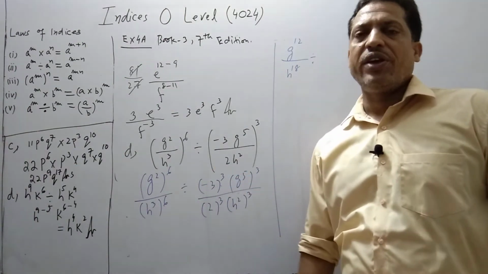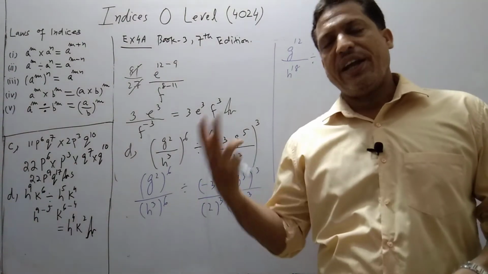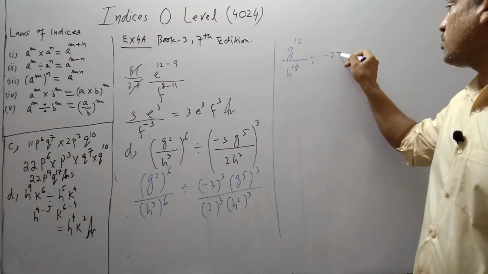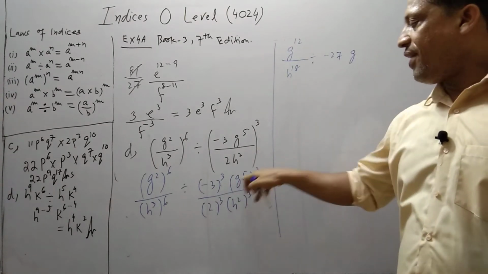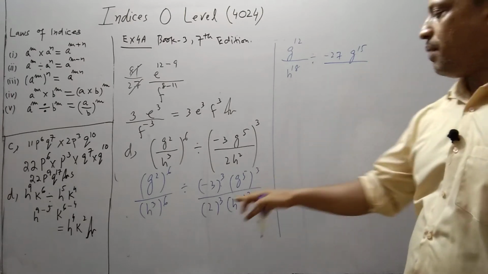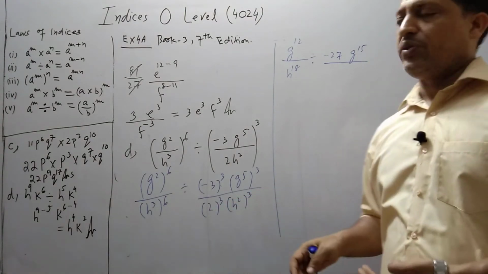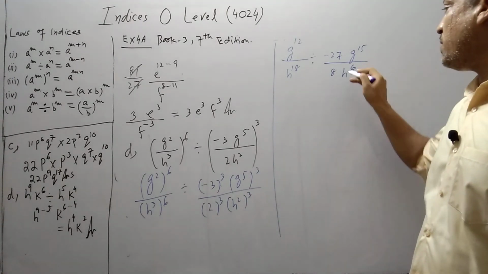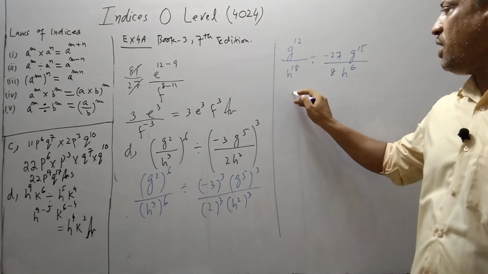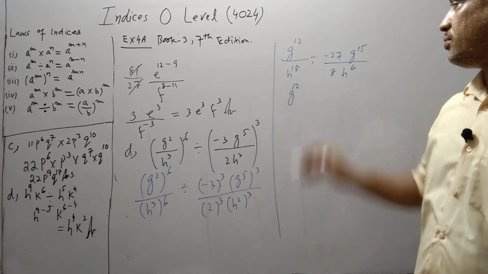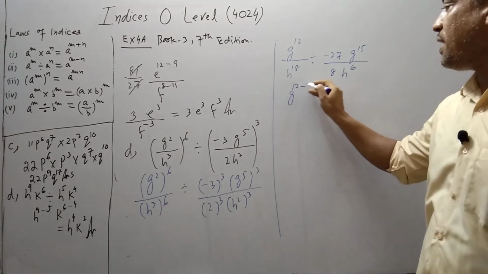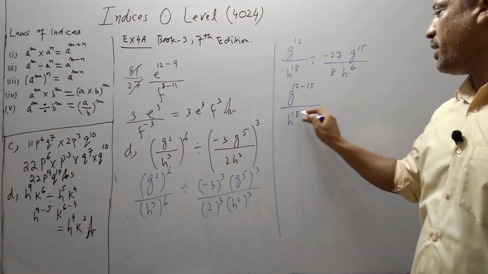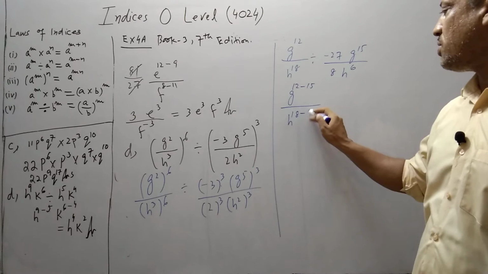You know, student, minus 3 cube is minus 3 into minus 3 into minus 3, which is minus 27. g, 5 3s are 15, upon 2 power 3 is 2 into 2 into 2, which is 8. h, 2 3s are 6, power to the power is multiply. So g^12, this is g^15, minus 15. Okay, student? Upon this is h^18 and this is h^6.